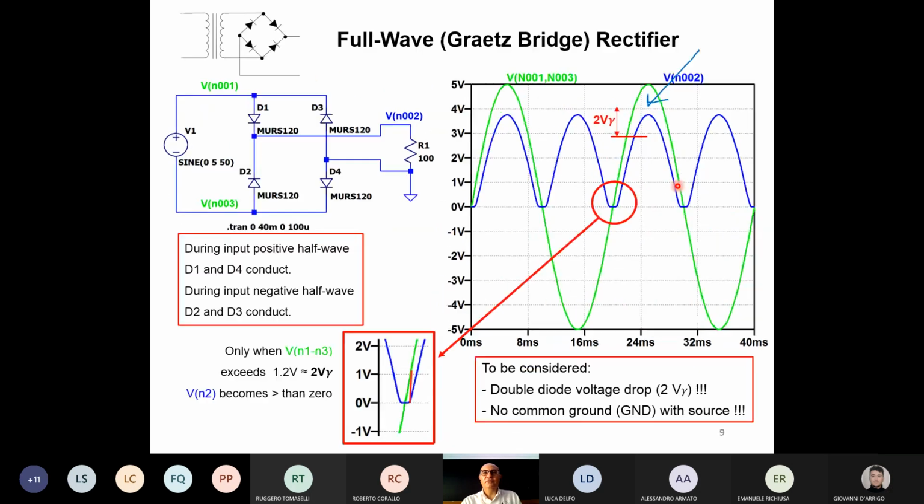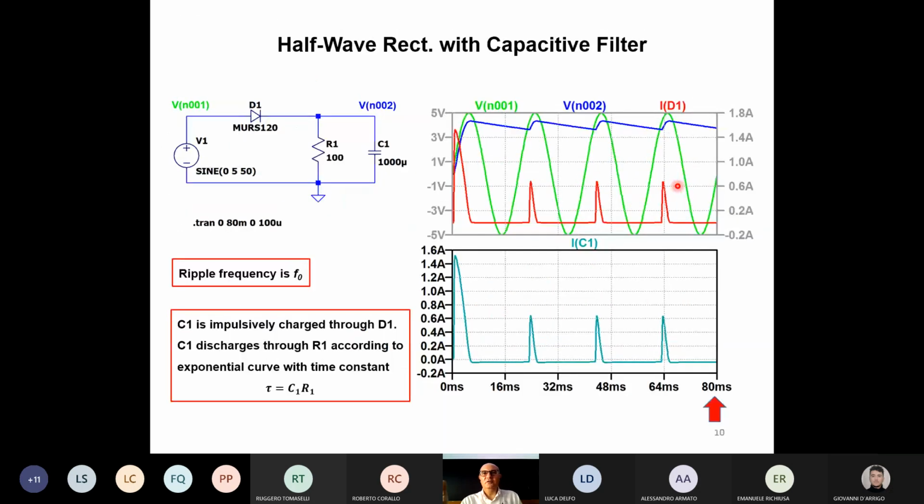So we must put a filter, basically a sort of low-pass filter, and we can do that by adding a large capacitance. You see here, I'm using 1,000 microfarads. Don't be worried by the fact that the F is not there.